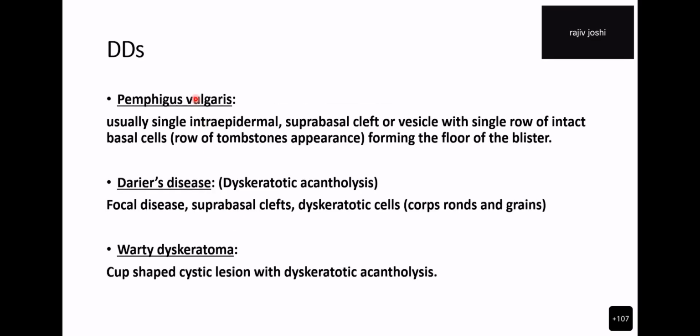So differentials would be pemphigus. Pemphigus usually will have a single intraepidermal suprabasal cleft or vesicles with a single row of intact basal cells, the row of tombstones appearance. Darier's also falls under the differential of dyskeratotic acantholysis. You get focal disease, suprabasal clefts, dyskeratotic cells. Warty dyskeratoma can also look like this, which is a cup-shaped cystic lesion.